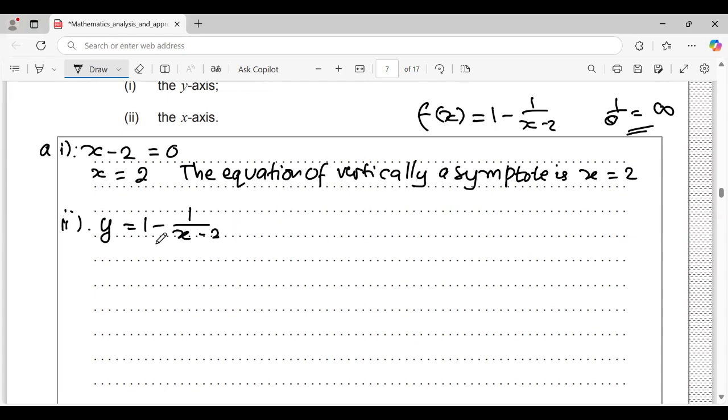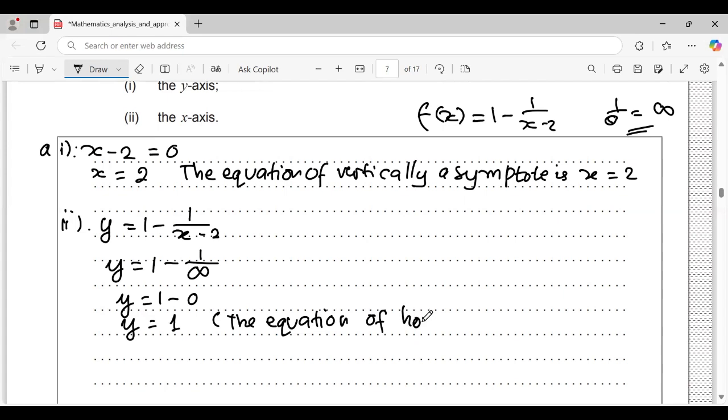It should be y equals 1 minus 1 over infinity, positive or negative infinity. So it is 0. The result is 0. So y equals 1 minus 0. It means y equals 1. So this is the equation of the horizontal asymptote.